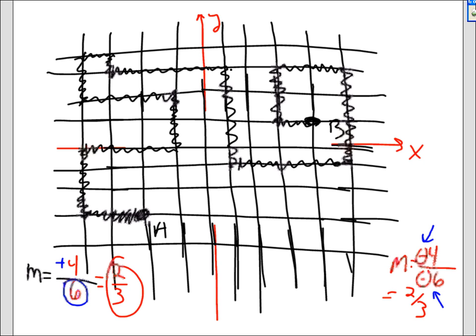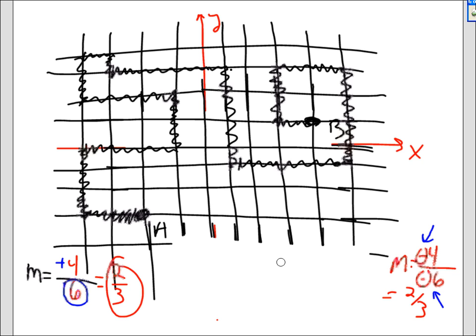Let's do bookkeeping on the change in x's and the change in y's. Let's do the change in x first. So I started at A. First I went 2 to the left, that's -2. Then I went up, so I won't count that.